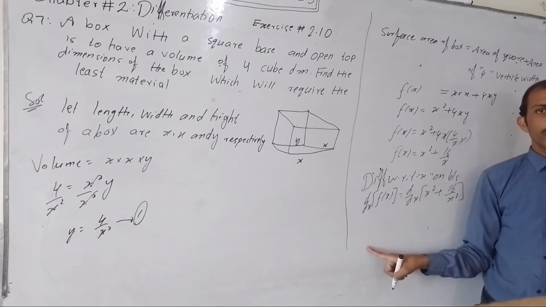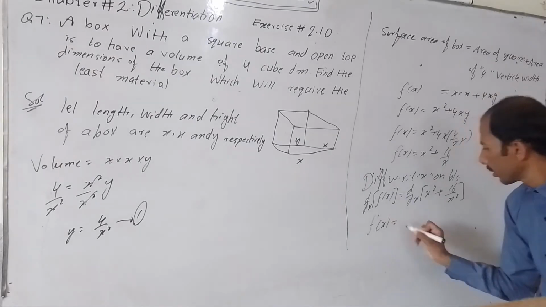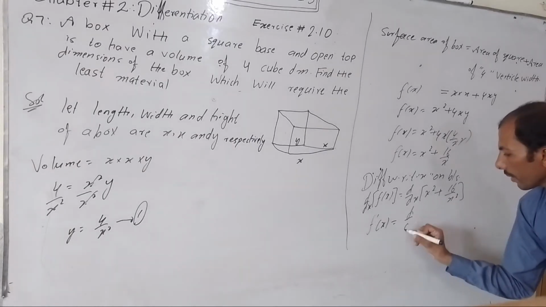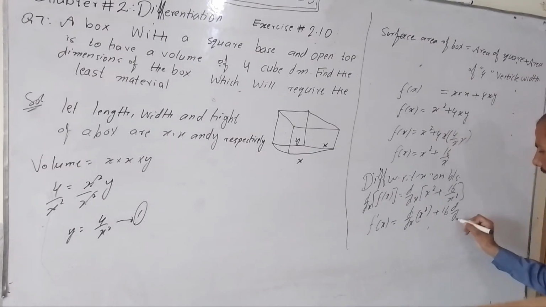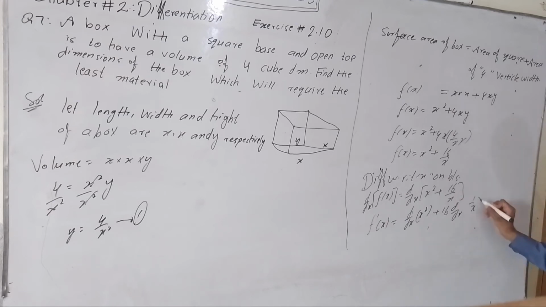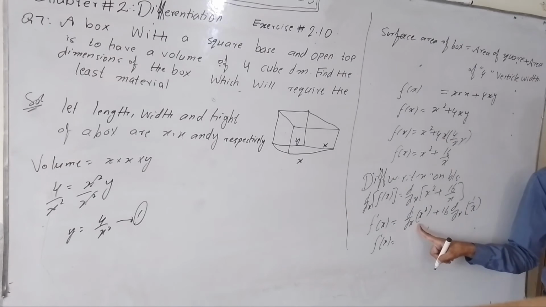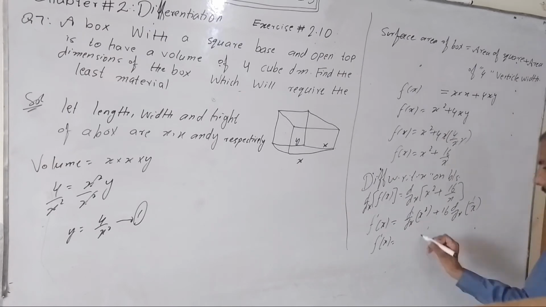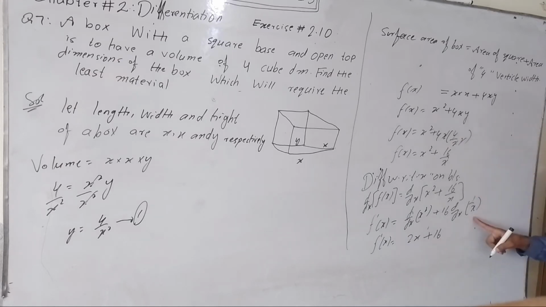Derivative of f of x with respect to x is equal to f prime of x. Further differentiate: derivative of x square plus 16 times derivative of 1 divided by x. f prime of x is equal to derivative of x square with respect to x, which is 2x, plus 16 times derivative of 1 divided by x with respect to x, which is minus 1 over x square.